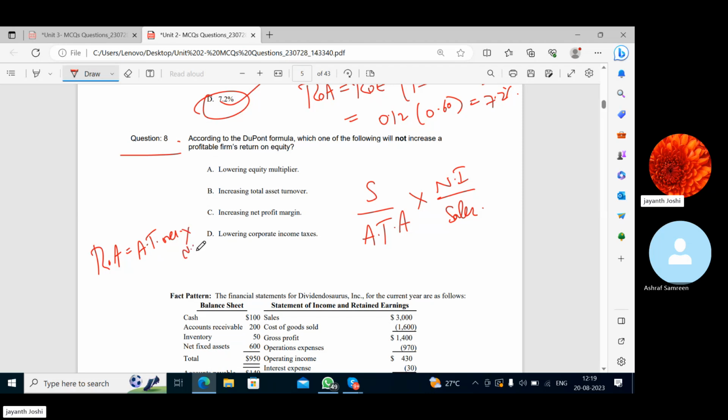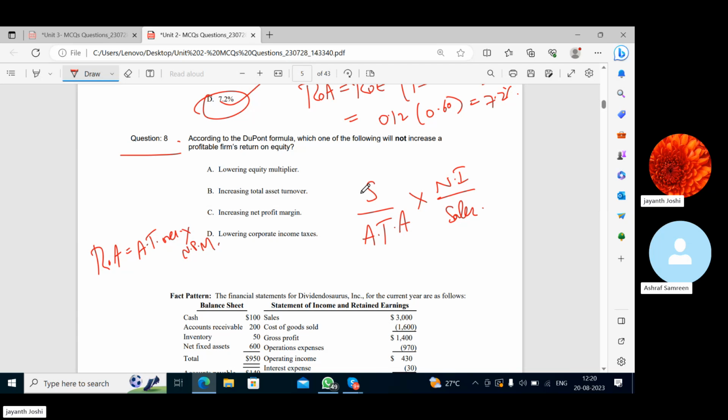So if we want to change this formula, here we can't take equity. Why? Because it is asset turnover. So lowering equity multiplier would increase a profitable firm's return on equity. But why will it happen? Which one of the following will not increase a profitable firm's return on equity?